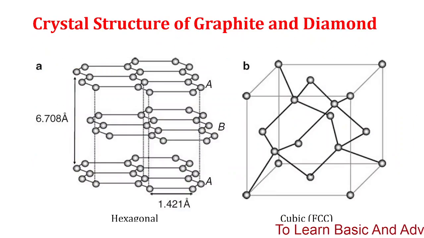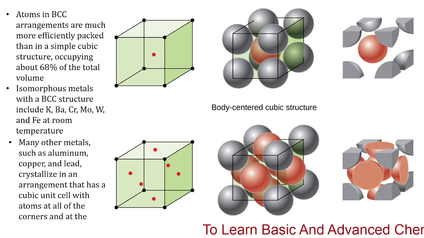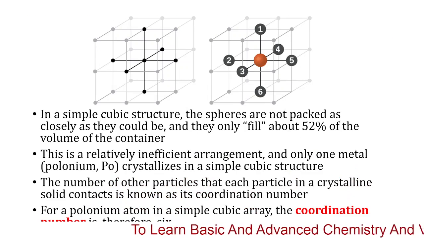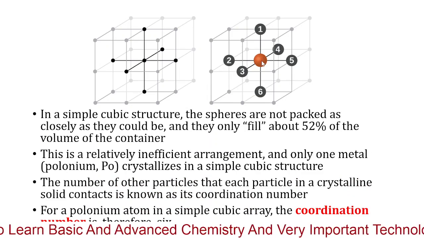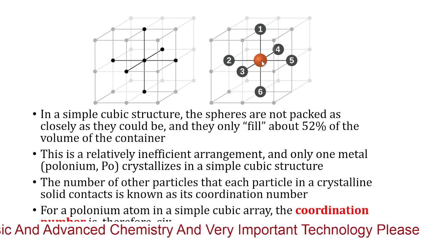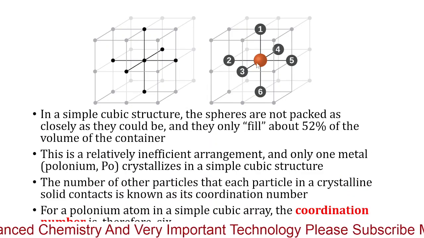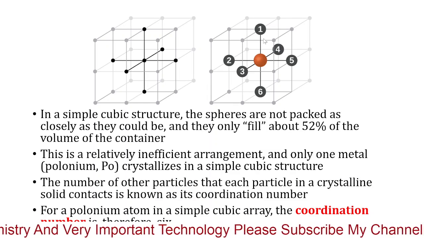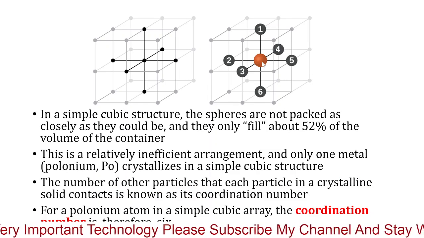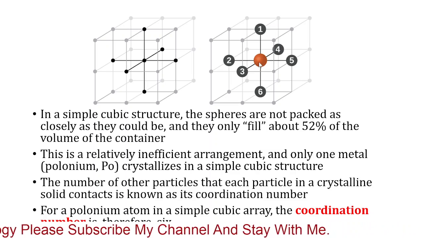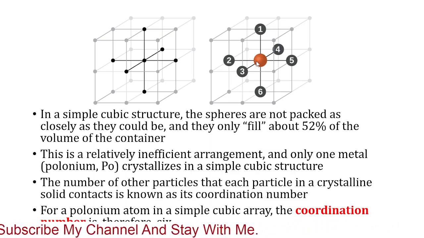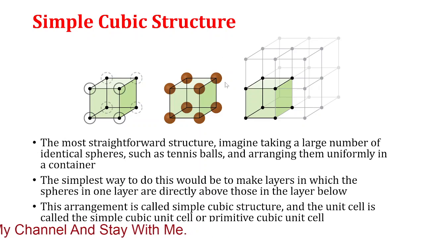Okay, if I go back to the structure, then you can easily find where I have mentioned the coordination number. Here, this one atom is bonded to six different atoms. Therefore, the coordination number for this atom is 6. That means now you can tell the definition.